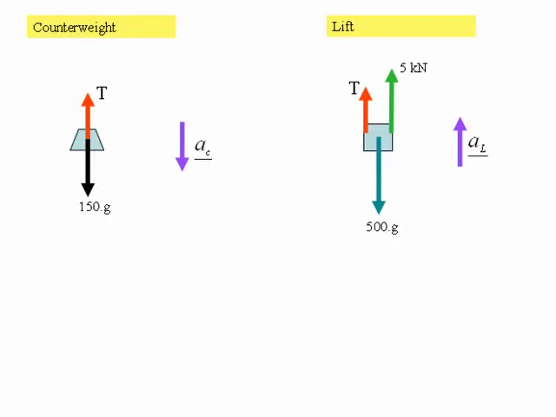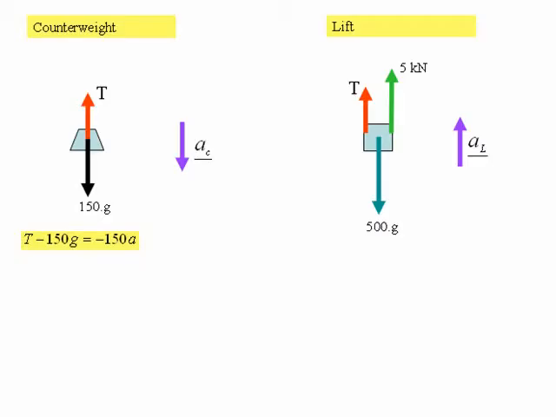Right, having drawn our free body diagrams, the next step is to write down our equations of motion. So considering first of all the counterweight, the resultant force on the counterweight is T minus 150 G. Putting that into Newton's second law equation gives us on the right-hand side the mass times the acceleration.